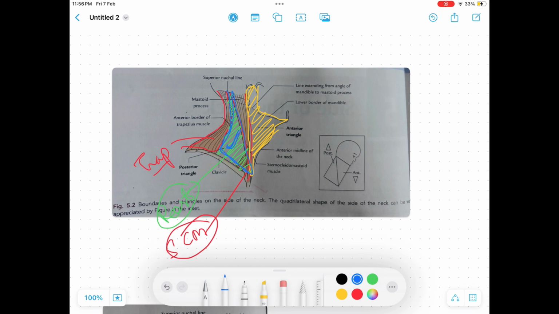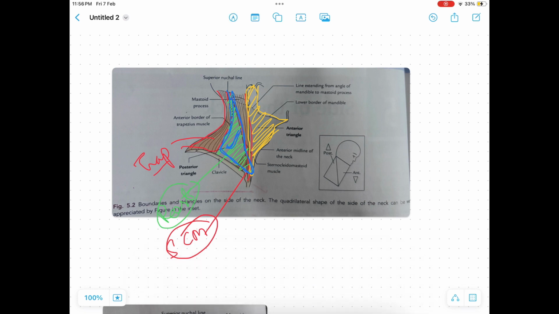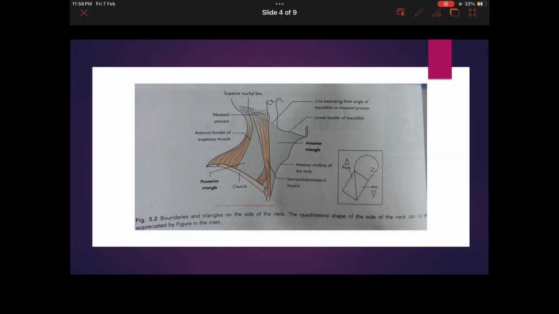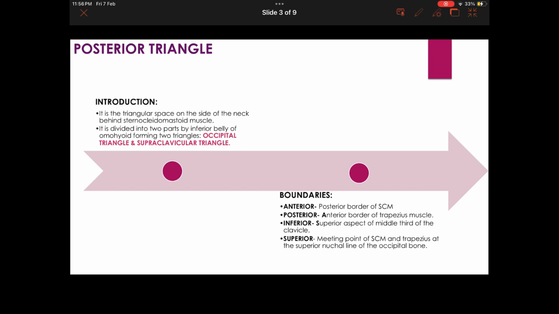So as I have explained you the boundaries, anteriorly, the posterior border of sternocleidomastoid muscle. And let's see the figure.